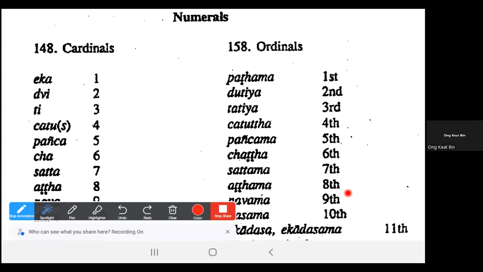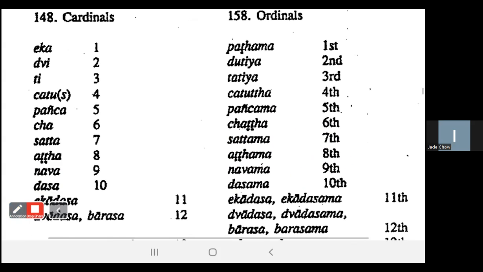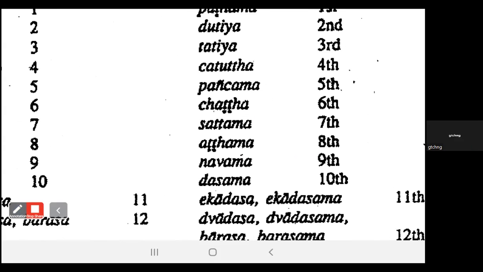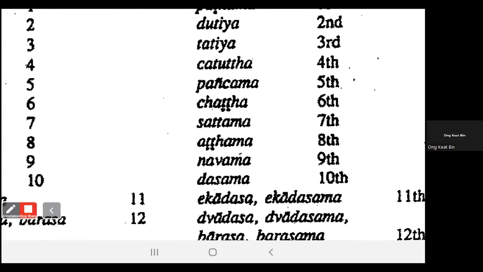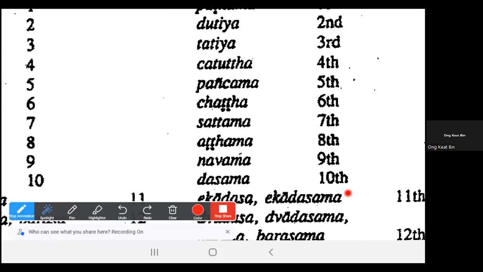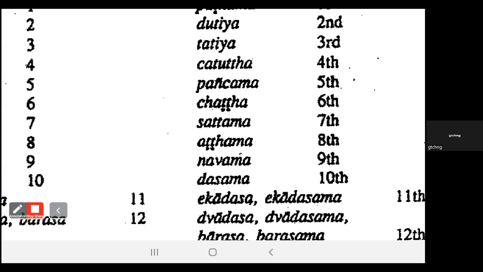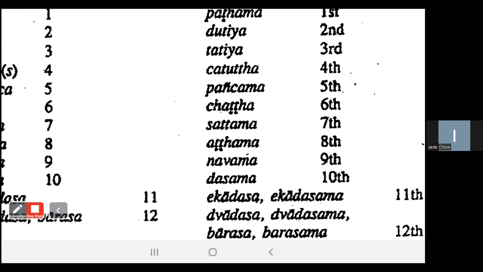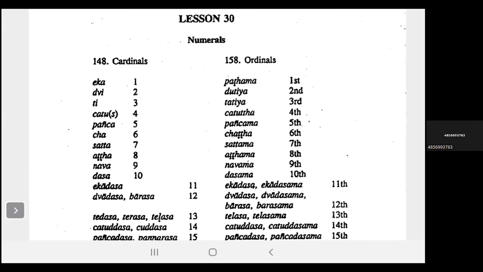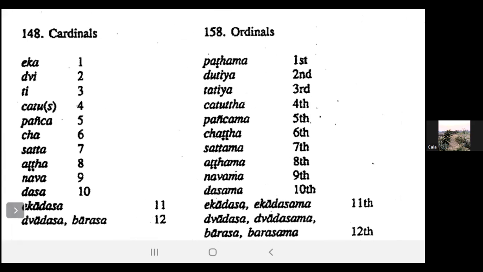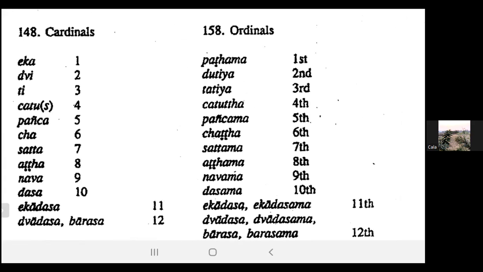Athamampi Dhammam saranam gacchami. Number 9. Saranam gacchami. Okay, last one. Dasamampi Dhammam saranam gacchami.